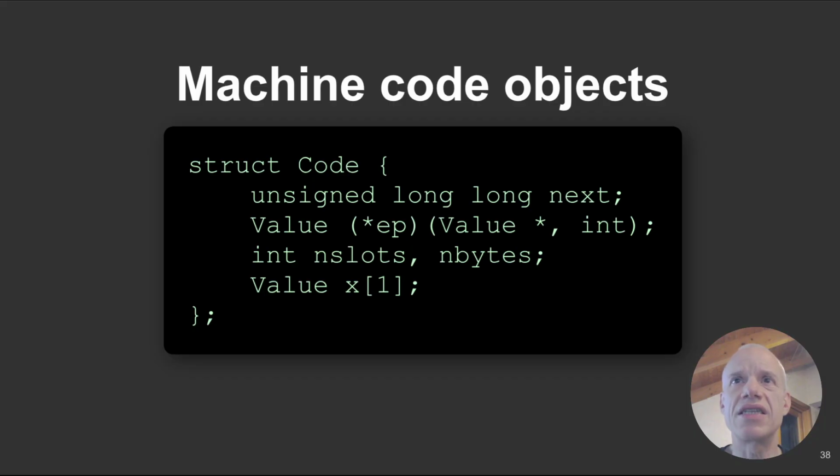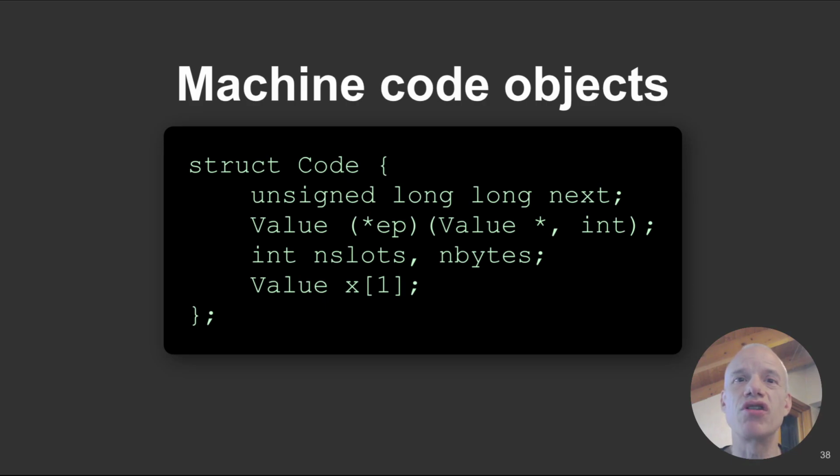And then I have this x of 1. I'm forced to use a 1 because I'm using C++, so I cannot use an empty array at the end of a structure. This is not supported, I don't know why. So there is this number of slots and number of bytes.